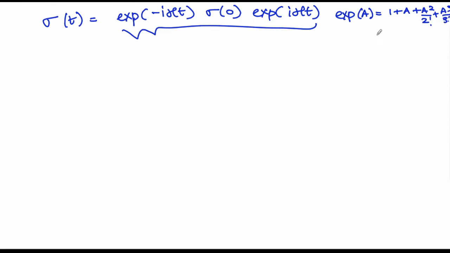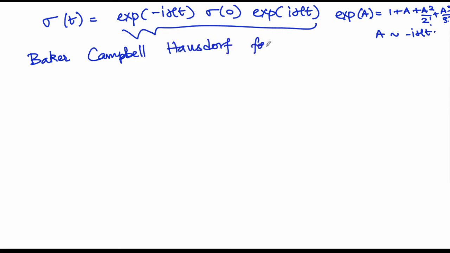So you have an operator here which is of the form minus iHt. So this is given by the Baker-Campbell-Hausdorff formula, in short, the BCH formula.